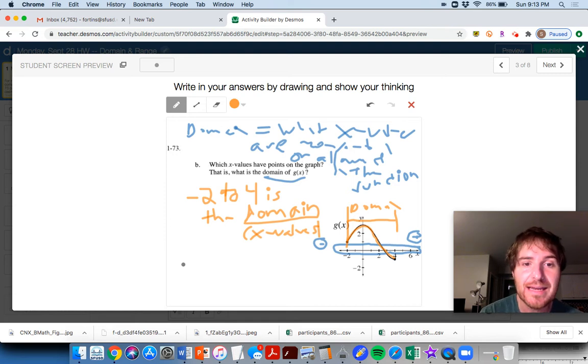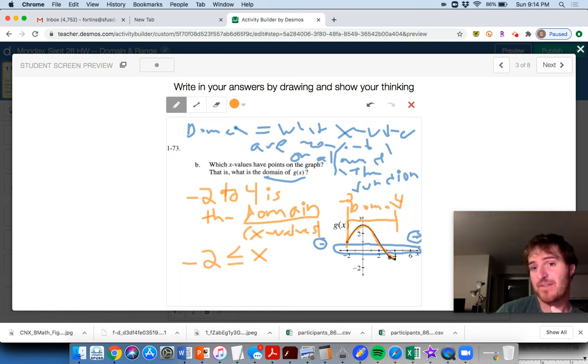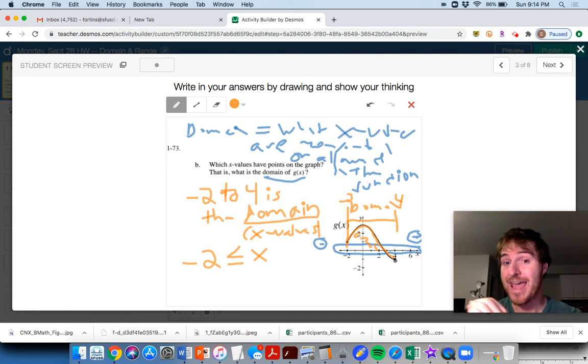So another way to write domain is using an inequality with the x variable. -2 is the smallest x value. I could put an equal sign here, but for the most part it's going to be less than. -2 is less than or equal to x, and x is less than or equal to 4, because our graph is this little curve right here, and it ends when x equals 4.